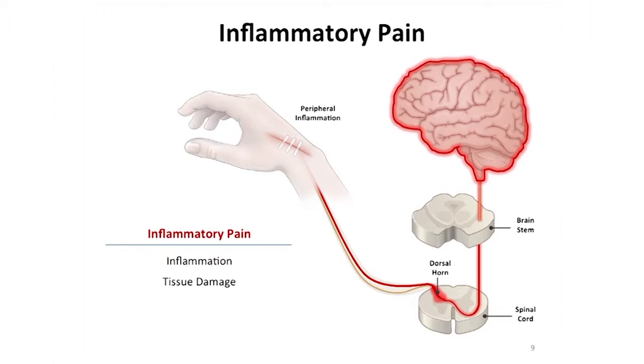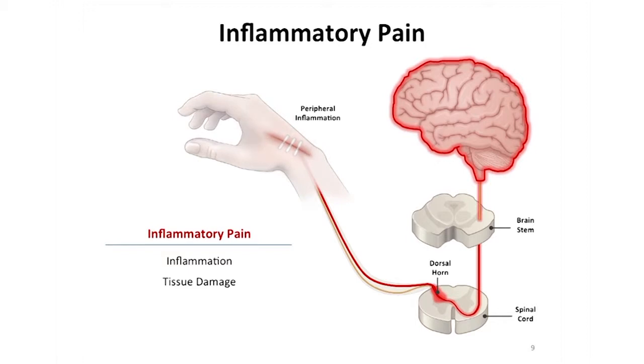What I will now do is go through some of the major features of these different clinical pain syndromes and highlight some of the mechanisms that have been identified as contributing to these particular kinds of pain. So to start off with, we'll discuss inflammatory pain, the pain that is associated with inflammation, for example, associated with a bacterial infection, or frank tissue damage, which could be post-surgical or post-trauma.